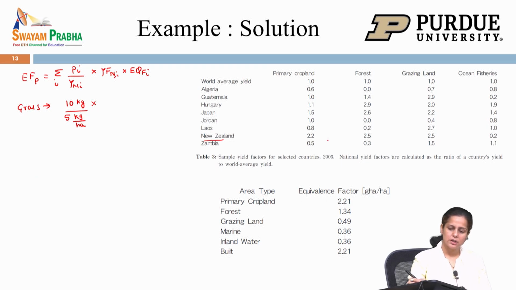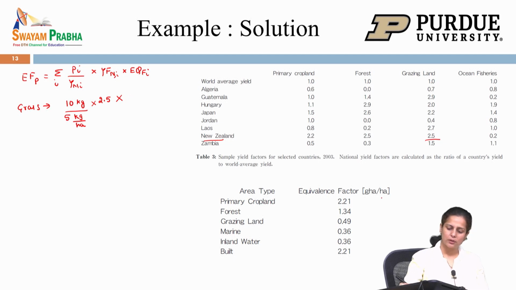So, our productivity factor or the yield factor for New Zealand is 2.5. So, if I have to get the proper hectare, it is going to be multiplied by 2.5, and that converts it into the hectare for New Zealand, and then we multiply by the equivalence factor.